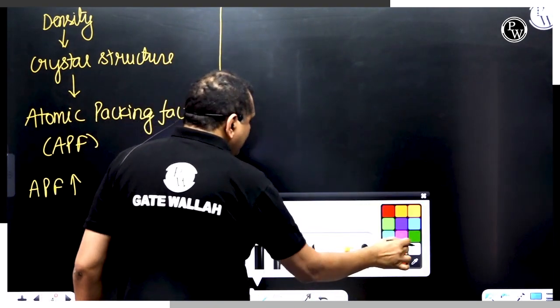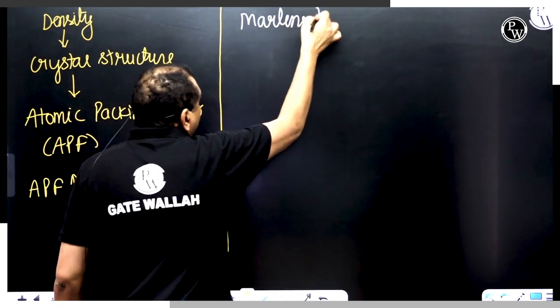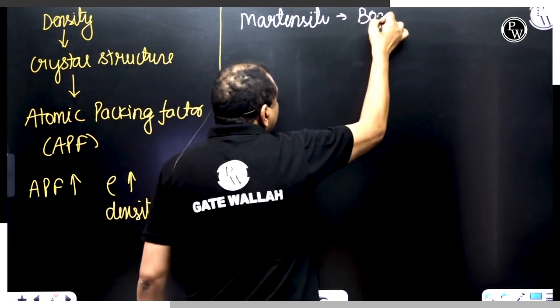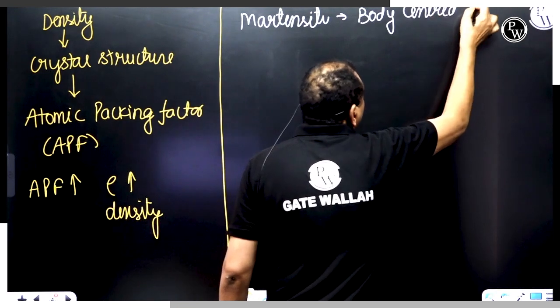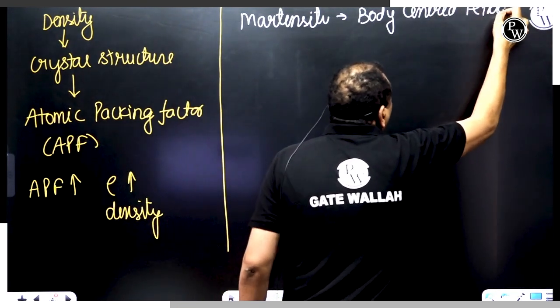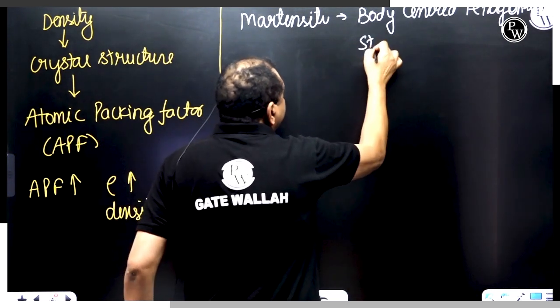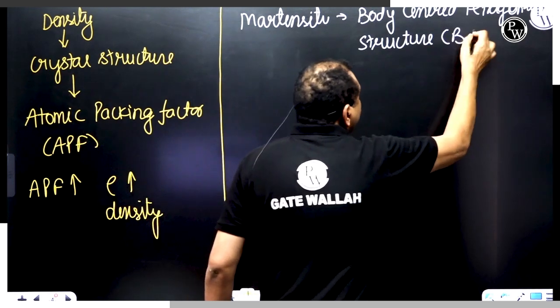Now, martensite has a body centered tetragonal structure, popularly known as BCT.